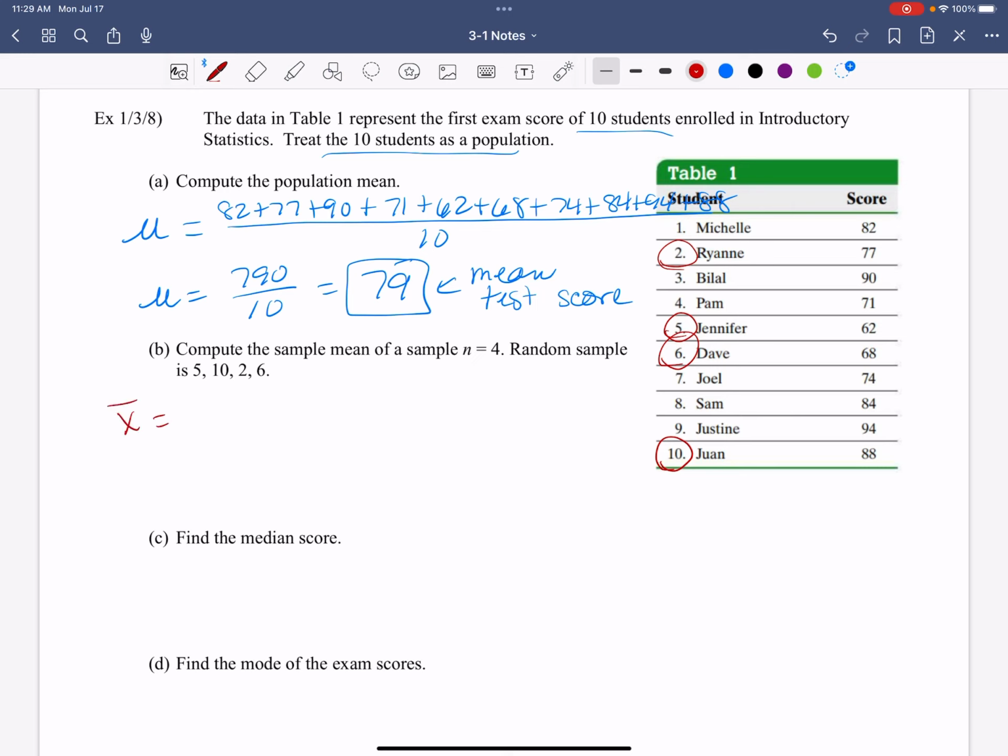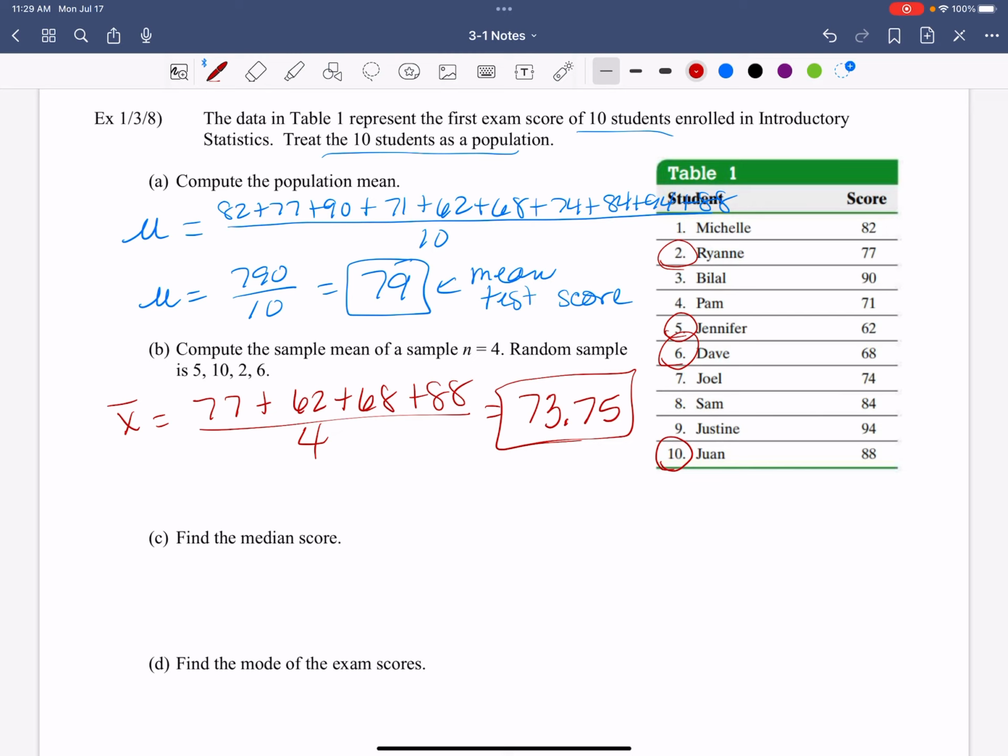So X bar is 77 plus 62 plus 68 plus 88. And now I'm going to divide it by the total in my sample, which is 4. Okay, so do all that on your handy dandy calculator and you should get 73.75. That is my sample mean test score based on that data.